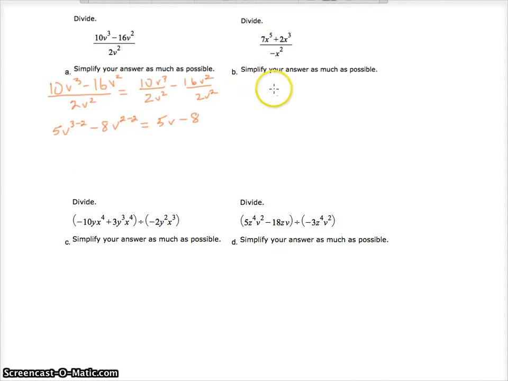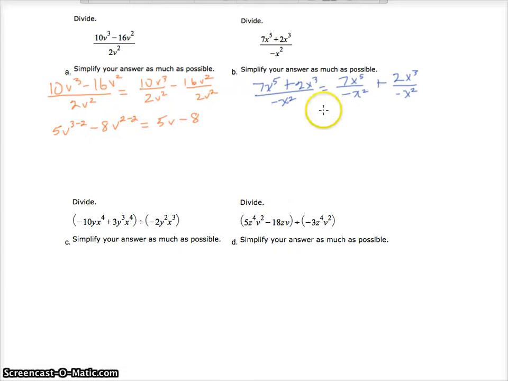Letter B, divide: 7x to the 5th plus 2x cubed over negative x squared. Now I'm going to write these as two separate fractions: 7x to the 5th over negative x squared plus 2x cubed over negative x squared.